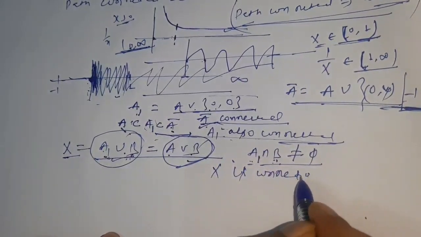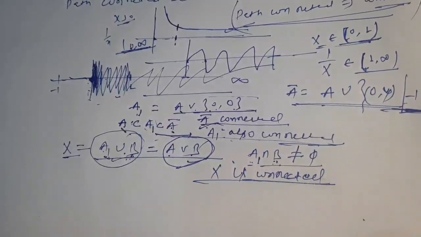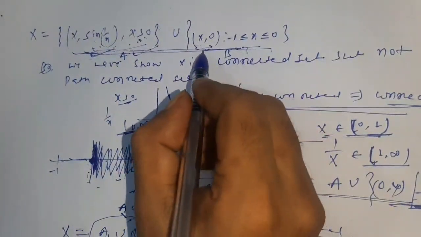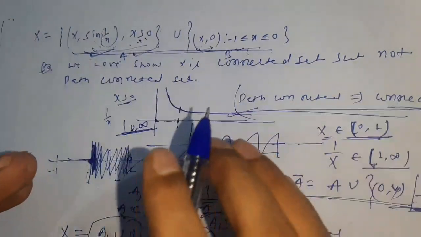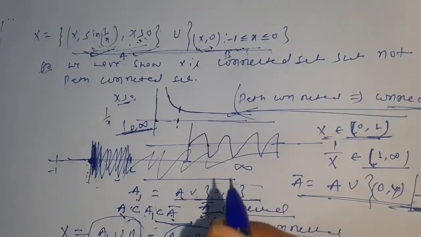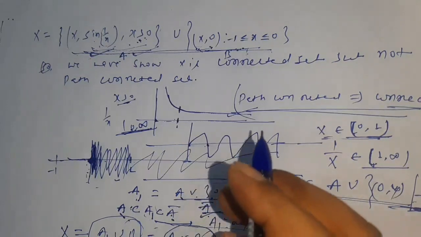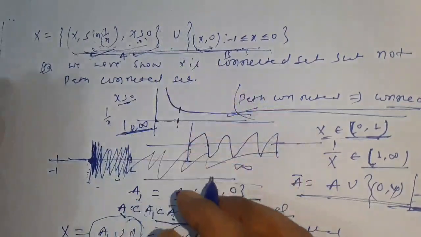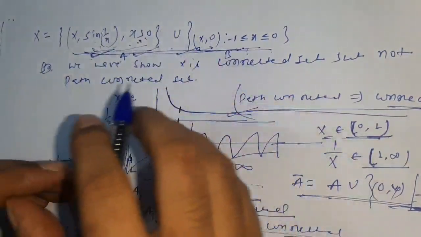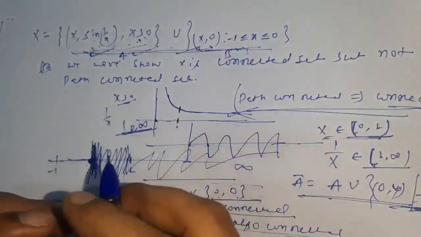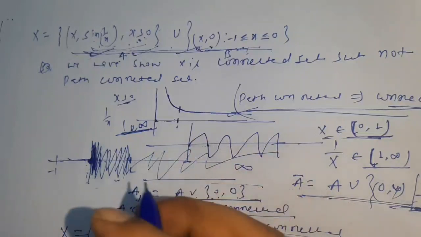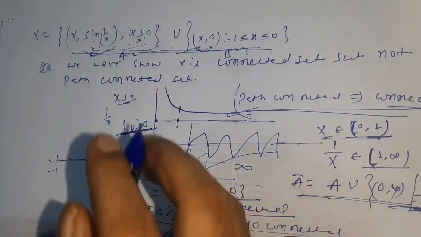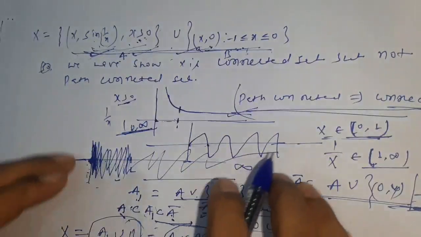In this way we can visualize that the set I have taken is connected. Now one half of our proof is done: this set is connected. Now we have to show this is not path connected, and then our example of a connected set that is not path connected will be complete.